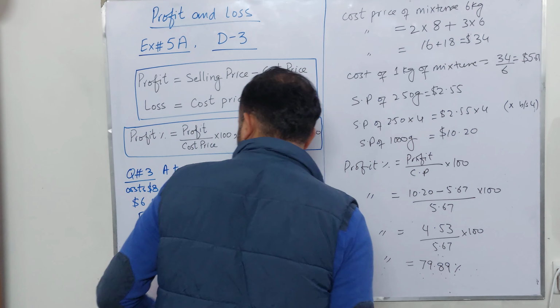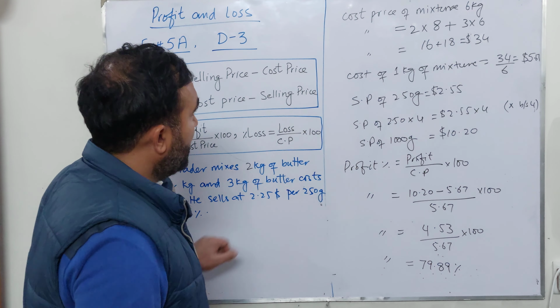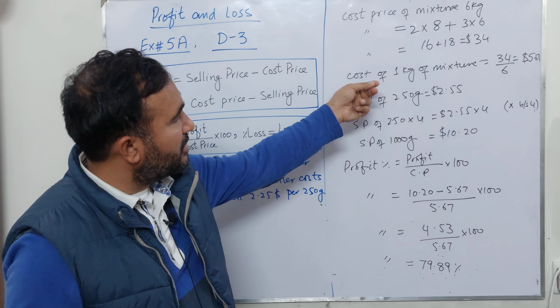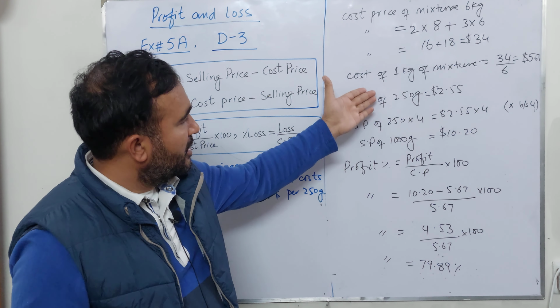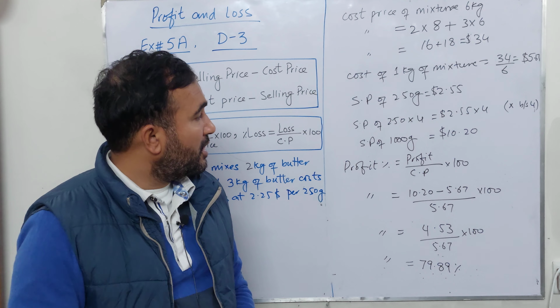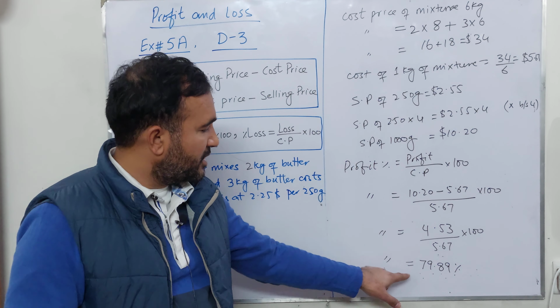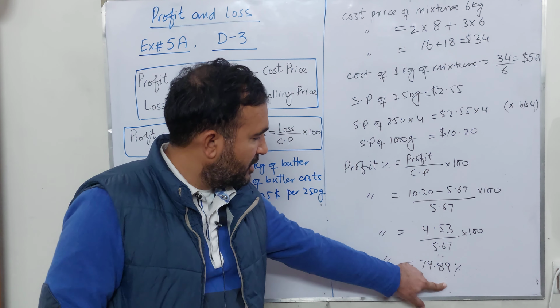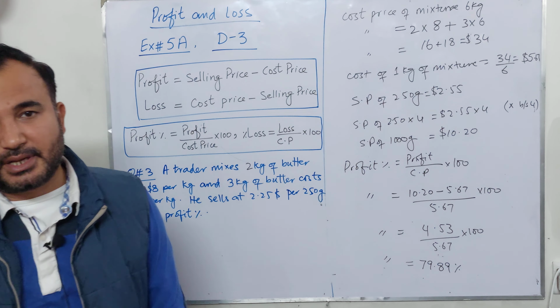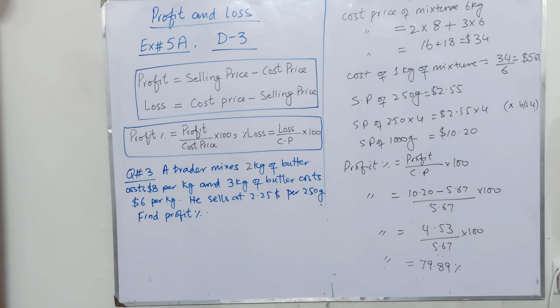So that is the profit percentage of the trader when he mixes 2 kg of one type of butter with 3 kg of another type of butter. So the cost price will be this one, and the selling price they mentioned that 250 gram for $2.55. So calculating all these, we got that his profit is 79.89%, right? If you have any question, you can ask me in comment. Thank you.